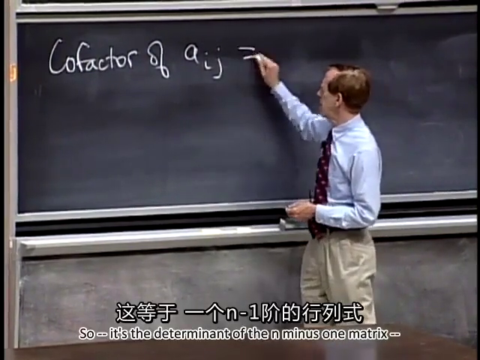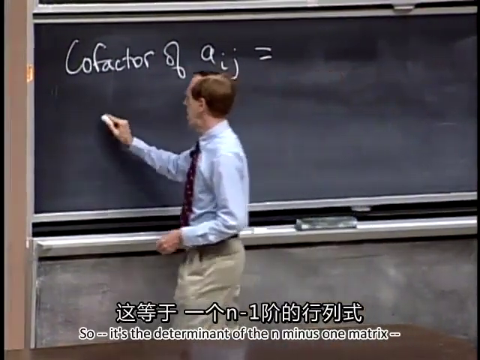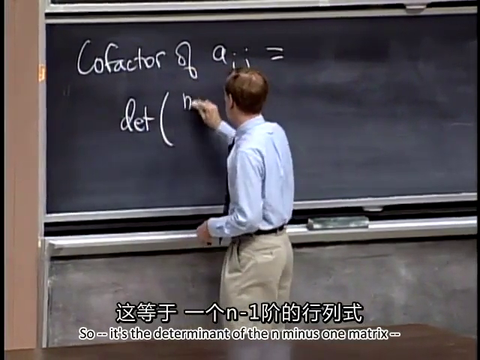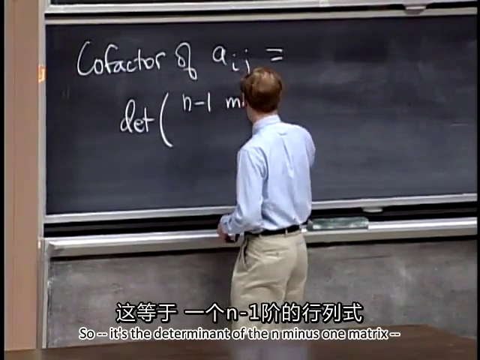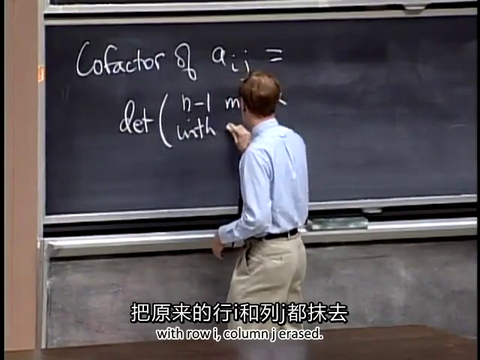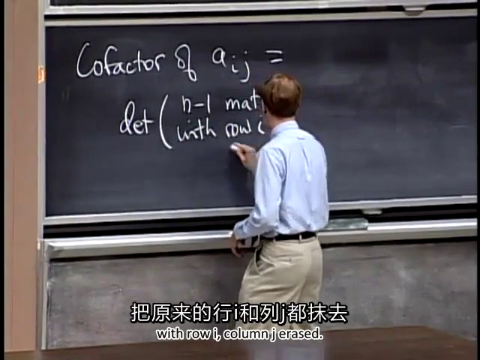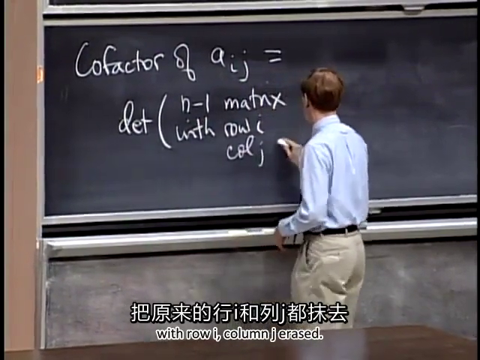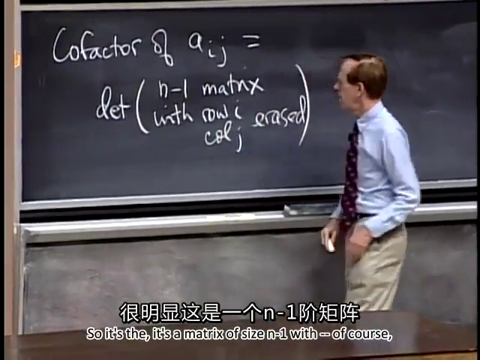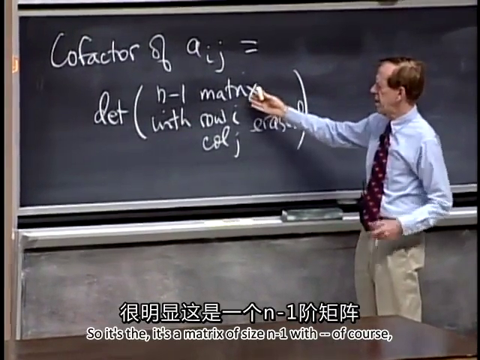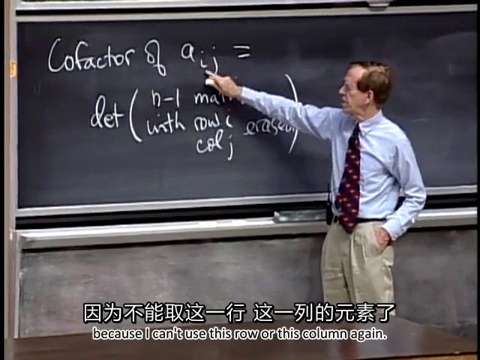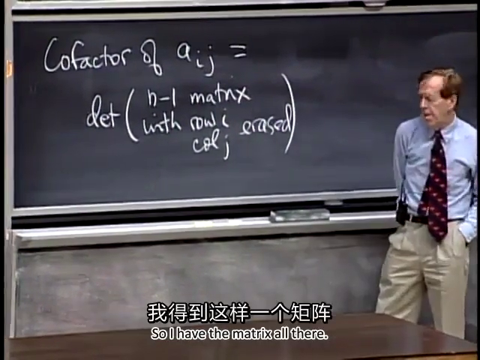It's the determinant of the n-1 matrix with row i, column j, erased. So it's the matrix of size n-1 with, of course, because I can't use this row or this column again.